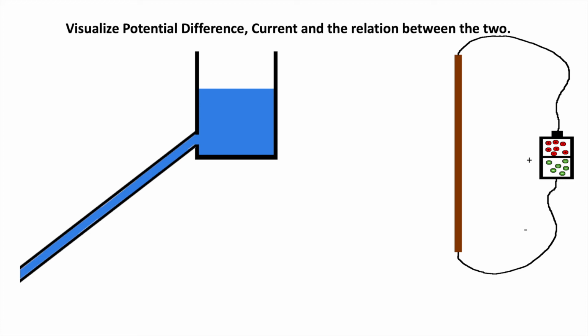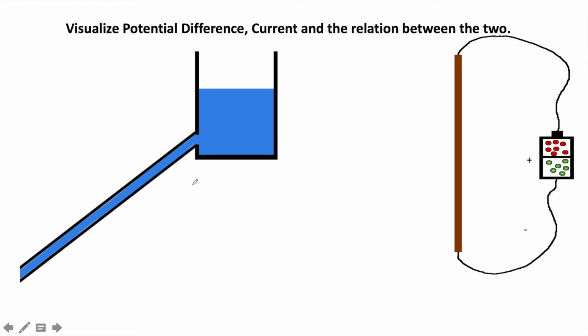Now let's check the relation between current and potential difference. Again come to water current. Let's imagine this tank is of 10 meter height. If we try to measure the quantity of water we get from the pipe in a unit time, it is 2 liter. So let us write the measurements here.